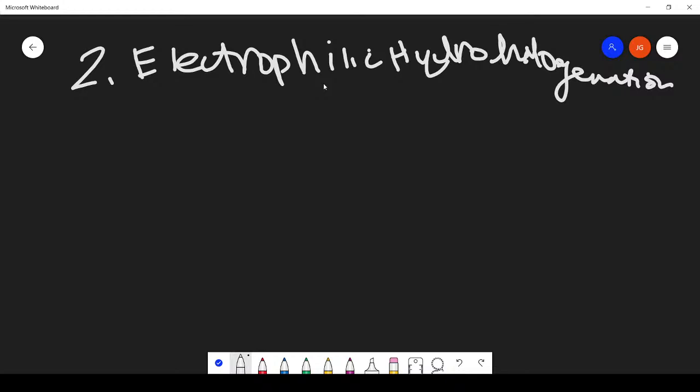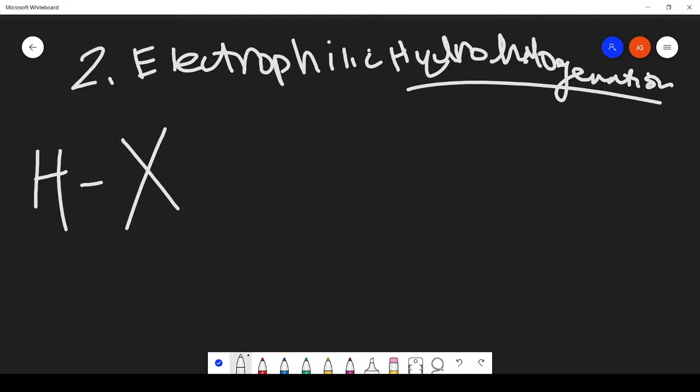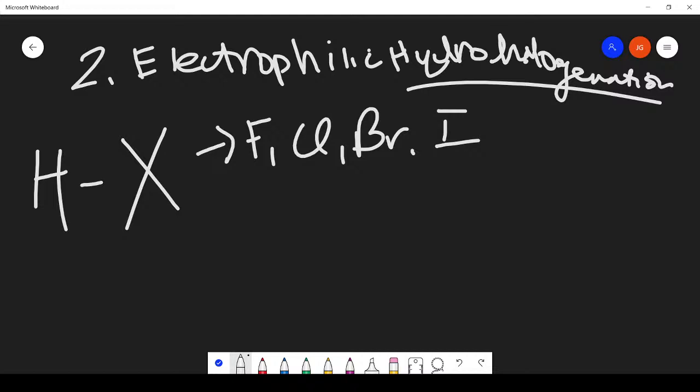Okay, so hydrohalogenation just means we're adding hydrogen and a halogen, usually denoted as X in organic chemistry. So these are fluorine, chlorine, bromine, iodine. I don't know why they say iodine and not iodine when you have fluorine, chlorine, bromine.